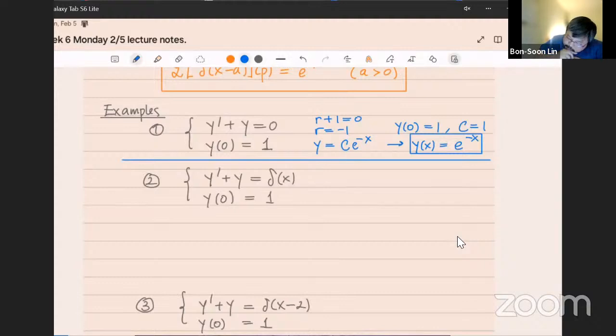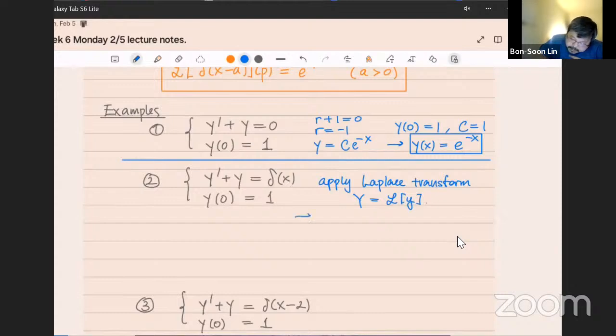So for situation 2, let's apply Laplace transform. By our tradition, we're going to write big letter Y as the Laplace transform of little y.